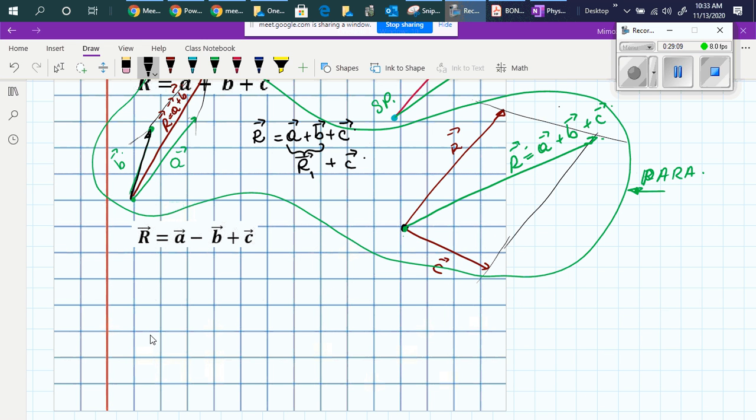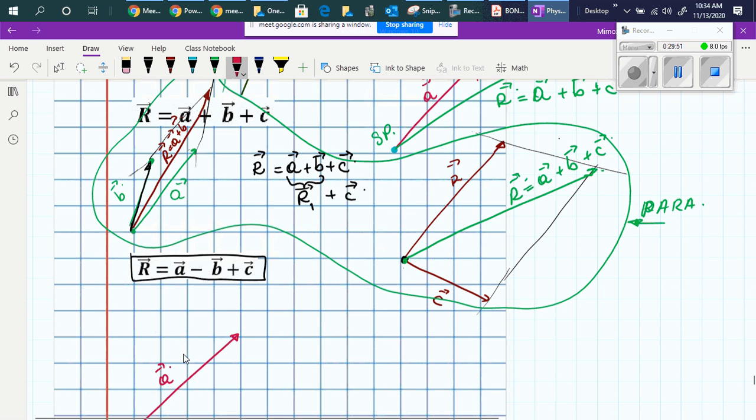So when we are finding A minus B plus C, we will do just the closed polygon one, because as I said, when we have more than 2 vectors, using the parallelogram method is very confusing and mind-blowing. So we start with vector A, which is a vector that goes like this.